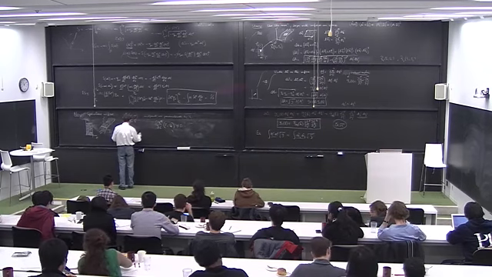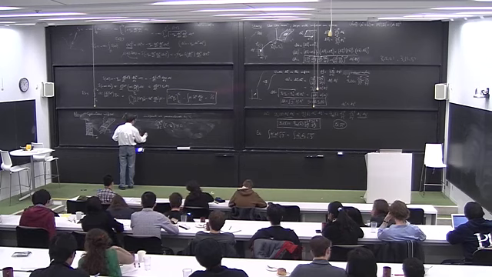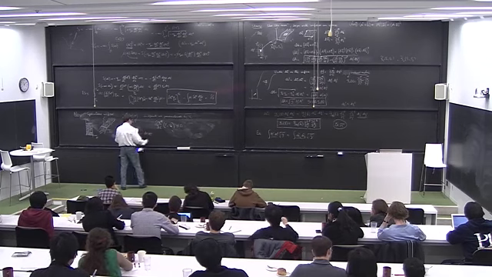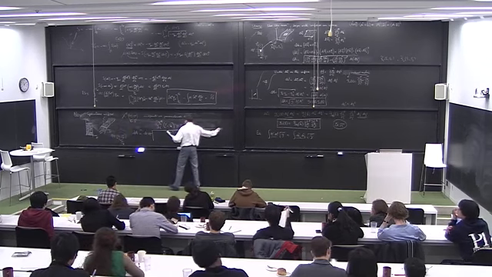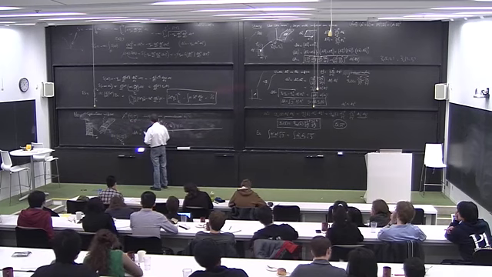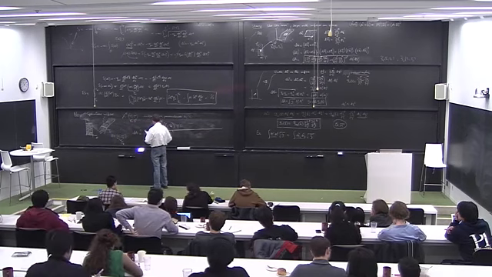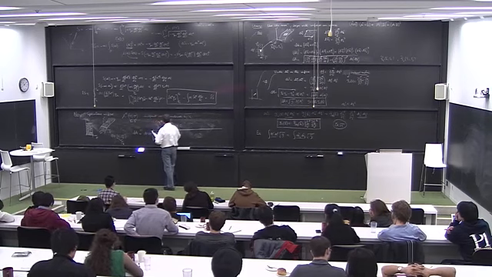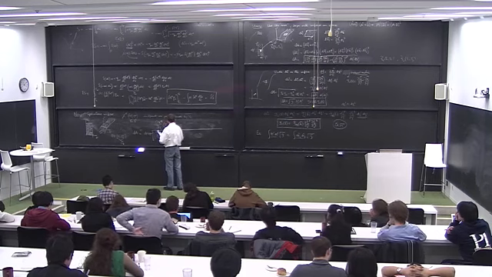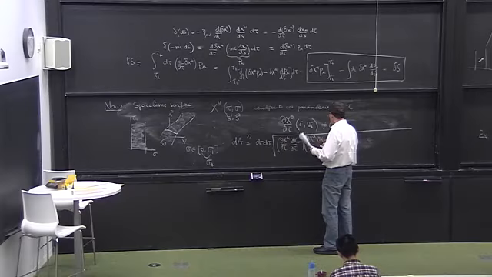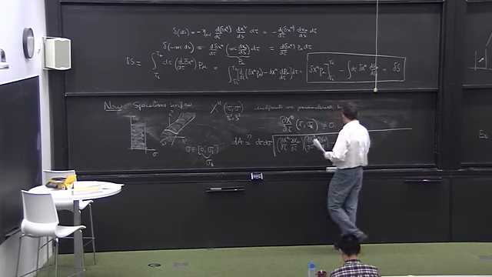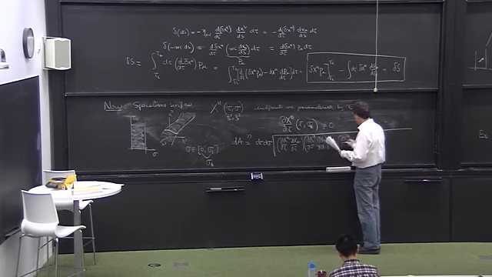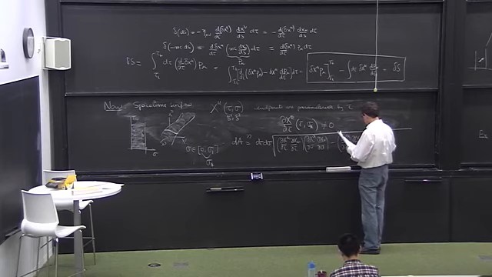The area is equal to the integral of d tau d sigma, these are the 2 parameters, and the square root of dx^mu/d tau dx^mu/d tau, dx^nu/d sigma dx^nu/d sigma, minus dx^mu/d tau dx^mu/d sigma, squared.